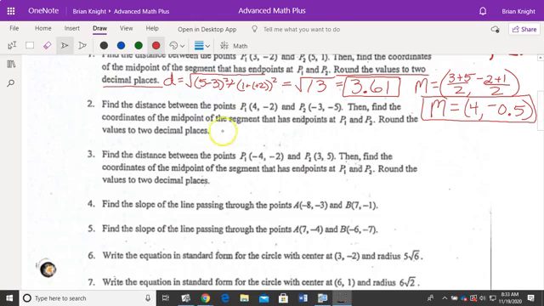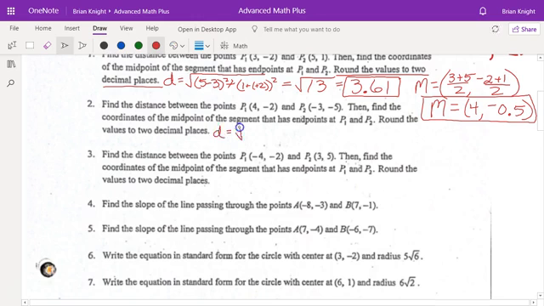Number 2, same process, distance, square root of negative 3 minus 4 squared plus negative 5 minus negative 2 squared. And you can put it all in your calculator at once if you want to. Just make sure you put parentheses where they go correctly, okay?